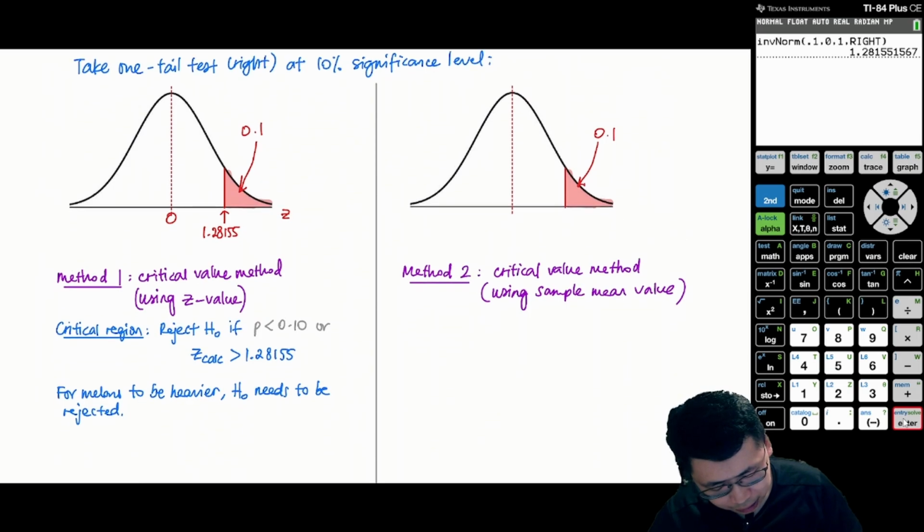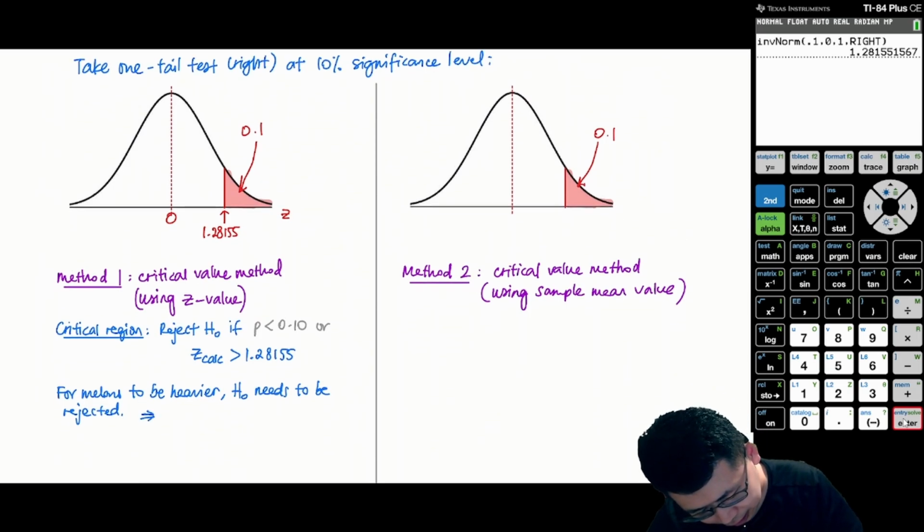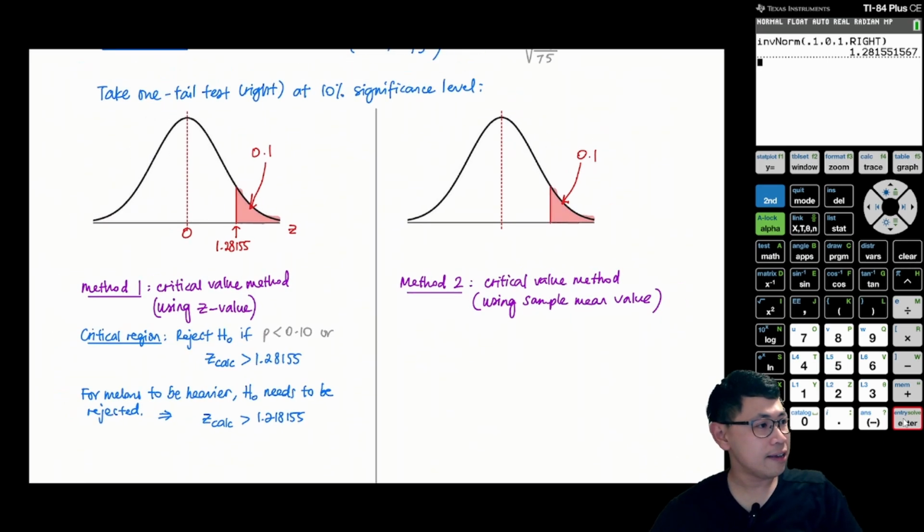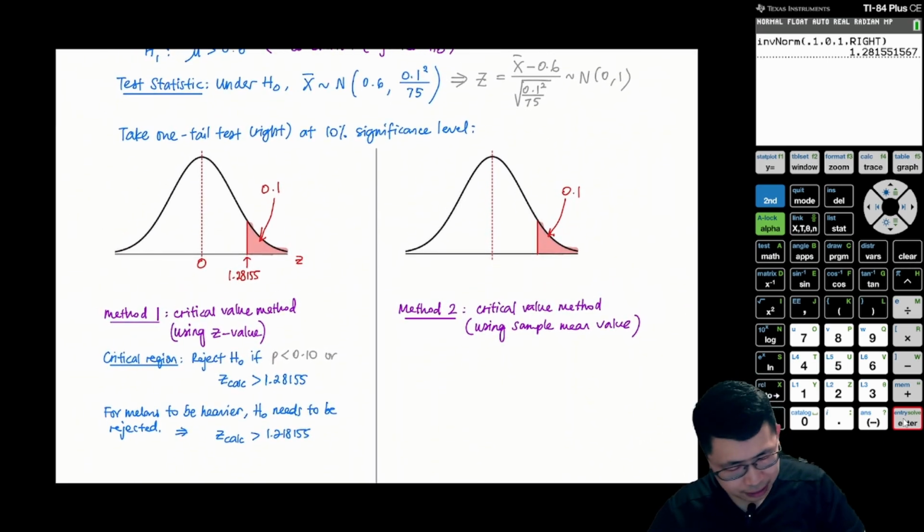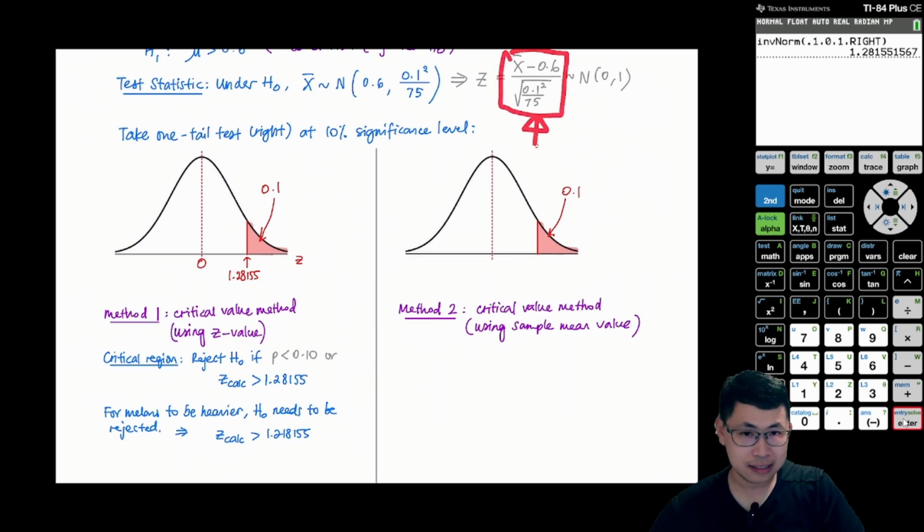Okay, and when H naught needs to be rejected, indeed the Z calculate over here will be greater than 1.28155. Now the Z calculate would be this quantity over here. If you remember from video number 1, part 1, we made use of this expression to calculate the Z calculate, and now we have our missing sample mean.